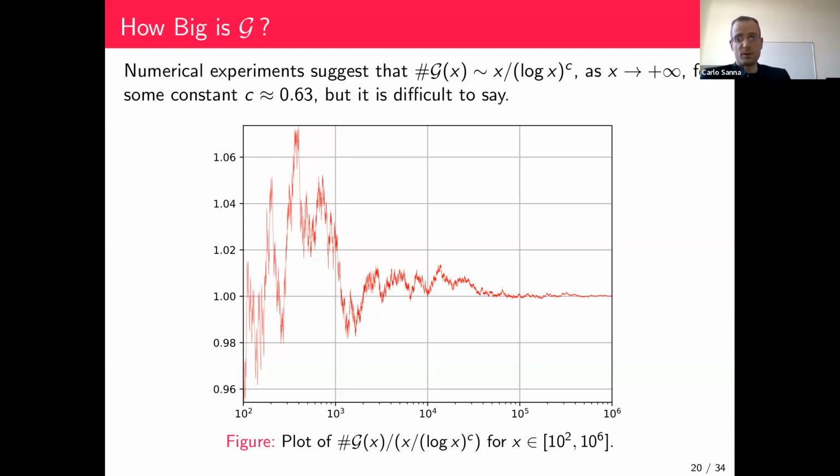But of course, these are numerical experiments, so it's difficult to say how close they are to the truth. This is just a graph up to 1 million. It seems that it converges to 1, but who knows? And this 0.63 doesn't seem to be related to other constants. Well, after all, just 2 digits.